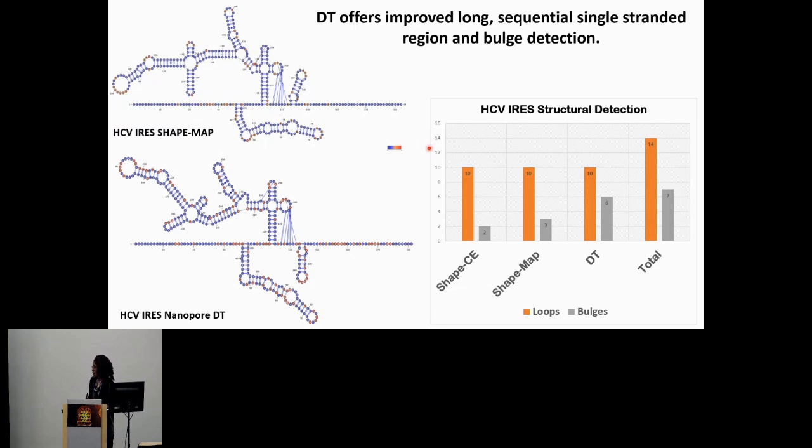And not just in this example, but in many examples, DT with nanopore was comparable to the SHAPE-MaP experiments. Additionally, we actually saw improvement in some of the long single-stranded regions and with bulge detection, and we saw this across our control samples. Right now, we're also investigating how well our probe looks at kink turns in the secondary structure, just because we have a very nice small probe that can easily access different parts of the structure.